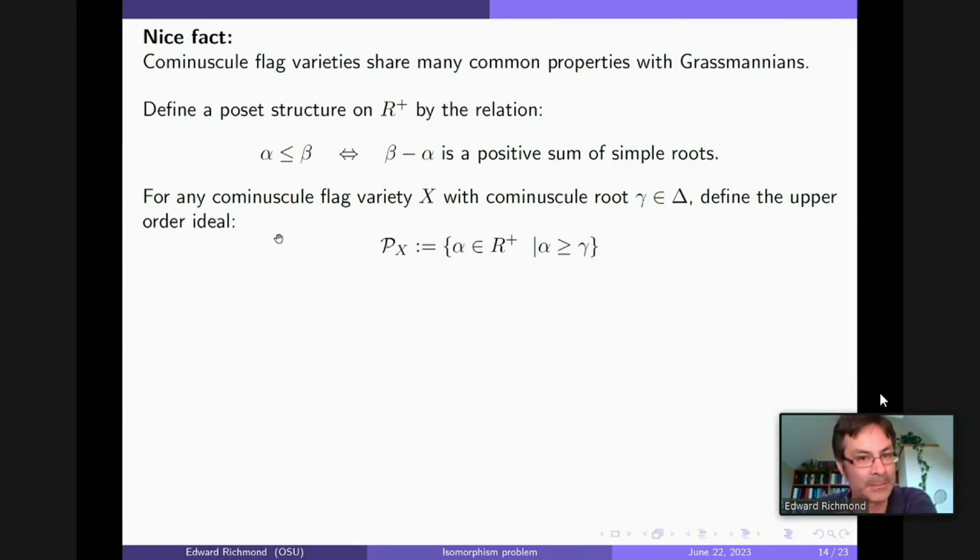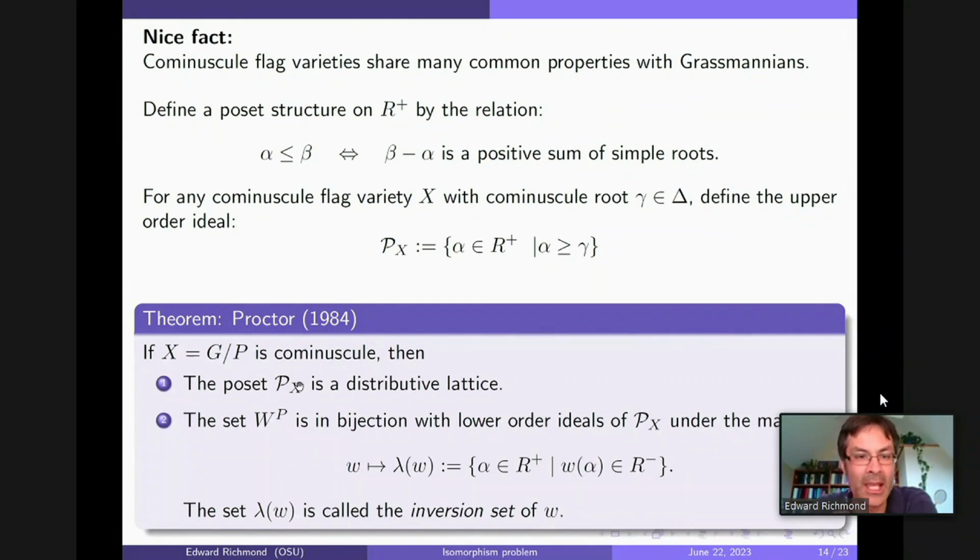Okay, and there's a classic theorem by Bob Proctor that if X is co-minuscule, then the poset P_X is a distributive lattice, just like Young's lattice for Grassmannians, and that there's a bijection between these minimal length coset representatives and lower order ideals in this poset P_X.